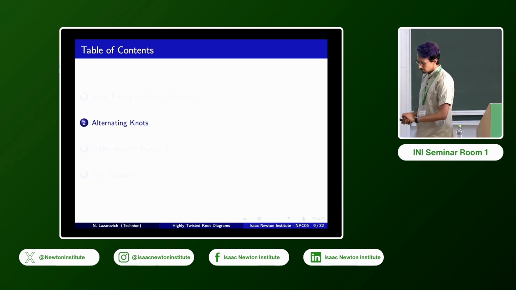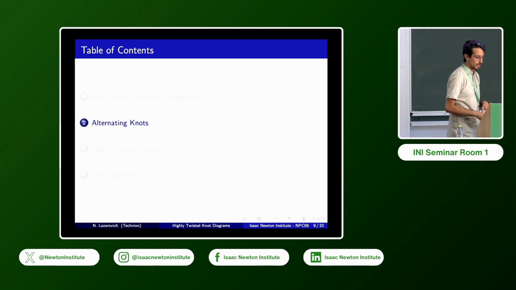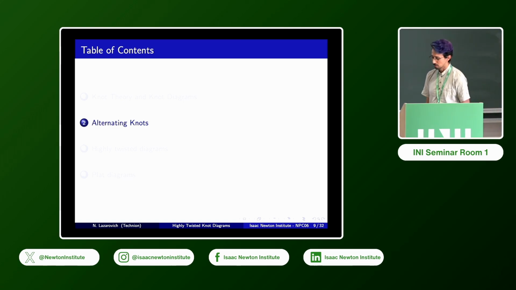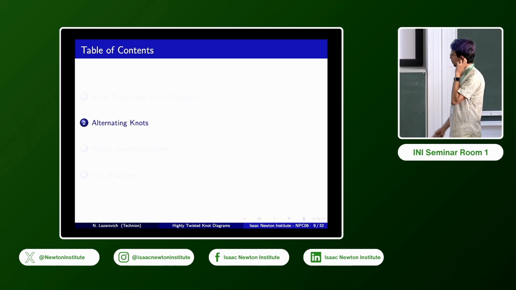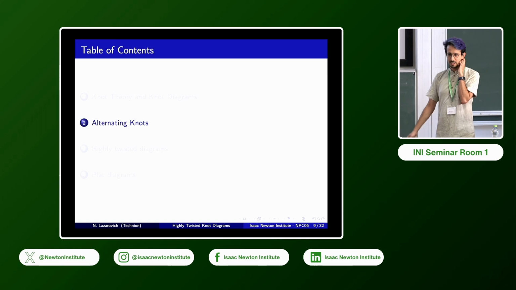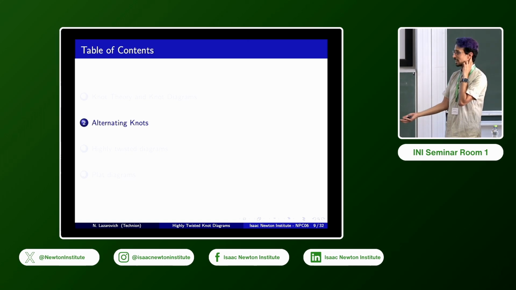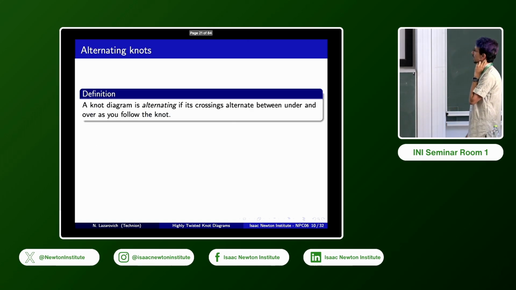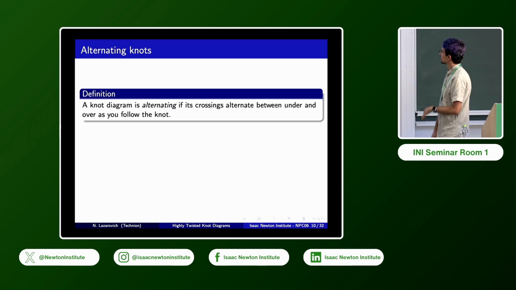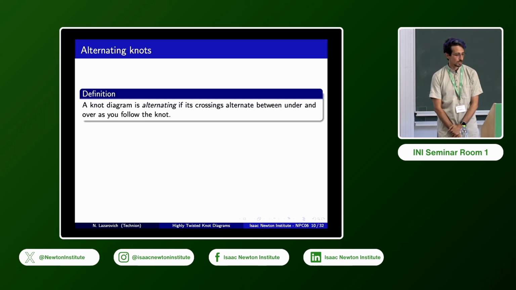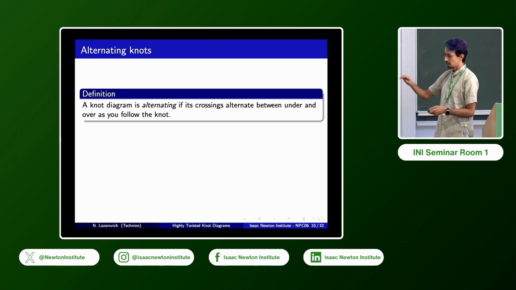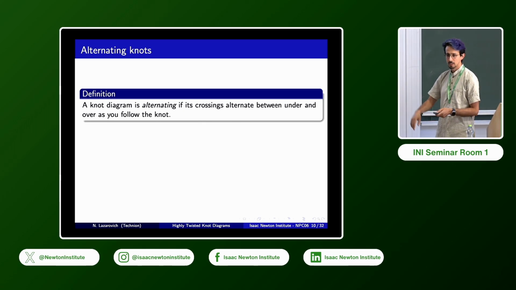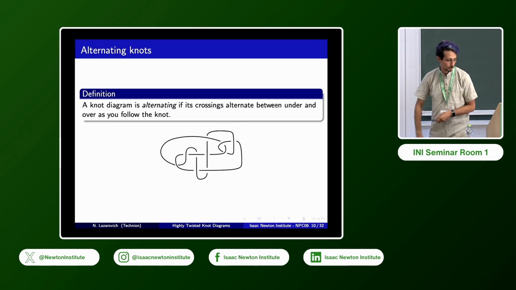As I said, the first family of such knots is alternating knots. This dates back to Tate, so 19th century, really the beginning of knot theory. Maybe let's see the definition. A knot diagram is alternating if when you follow the knot, you see an overpass, underpass, and so on, like this example.